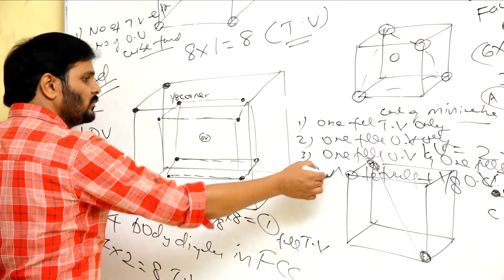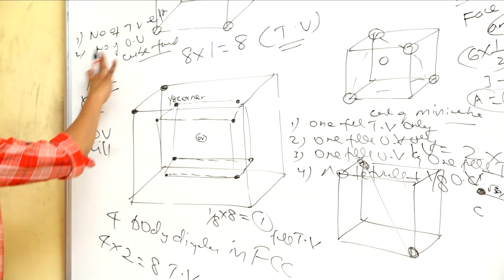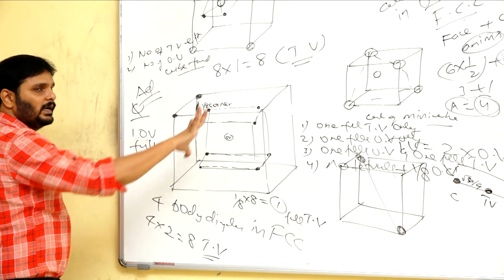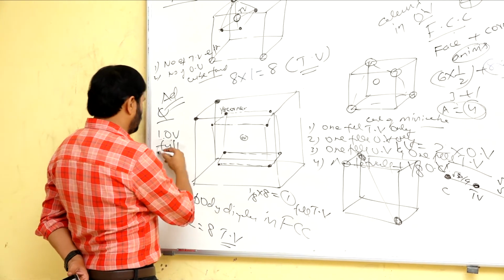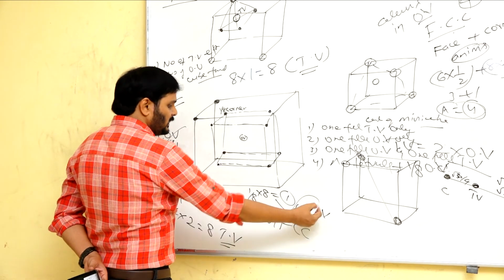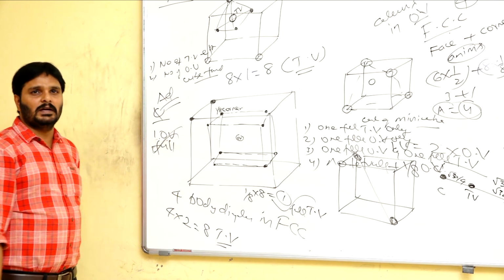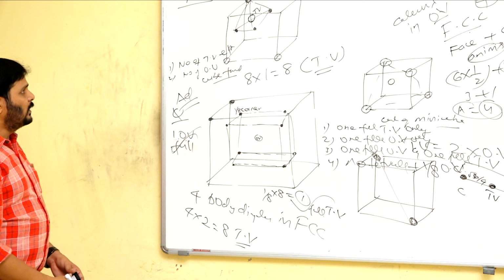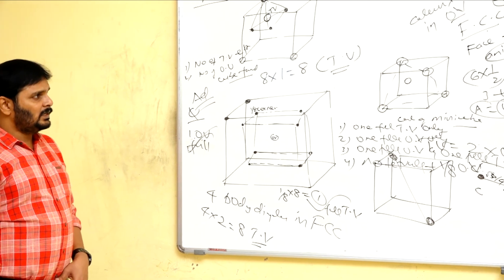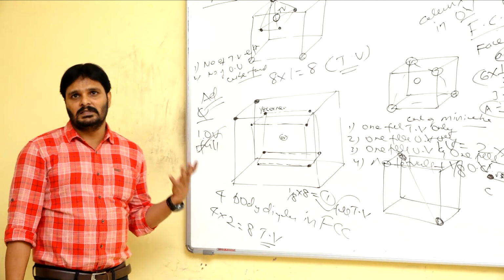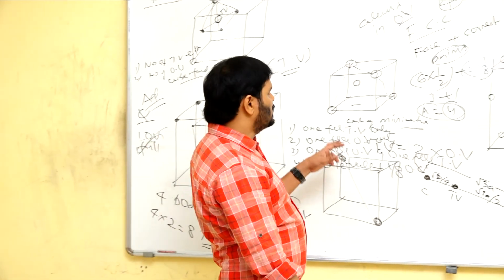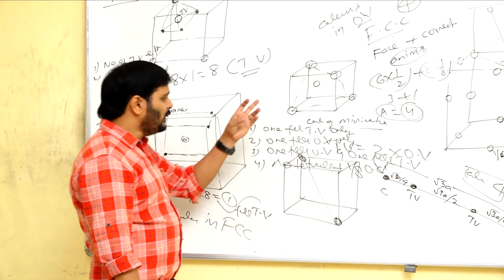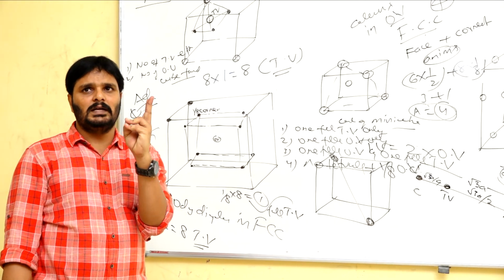So they may ask a question like this, and you should think in a broad manner to find such kinds of questions. So as a whole, in the FCC structure, the location of voids was explained. We have tetrahedral voids and octahedral voids.